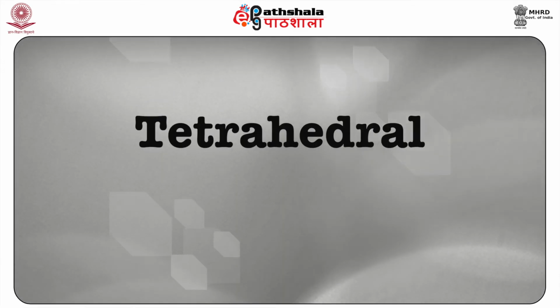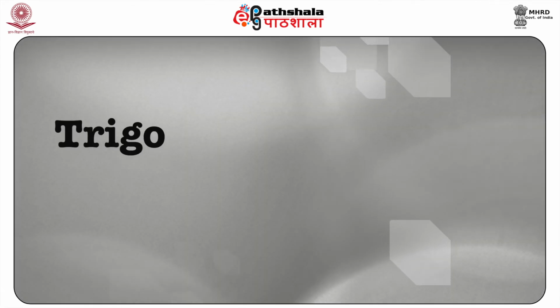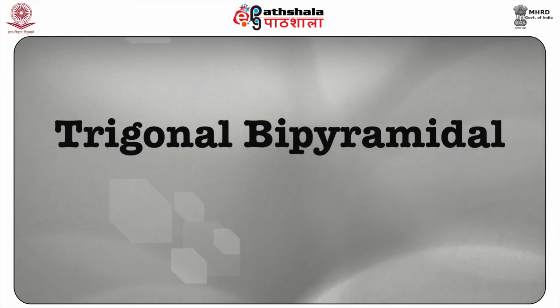Tetrahedral structure. For example, Sn2Bi2 2- and Pb2Sb2 2- have 12 skeletal electrons, which is isoelectronic with a tetrahedron analogous to P4. Trigonal bipyramidal.